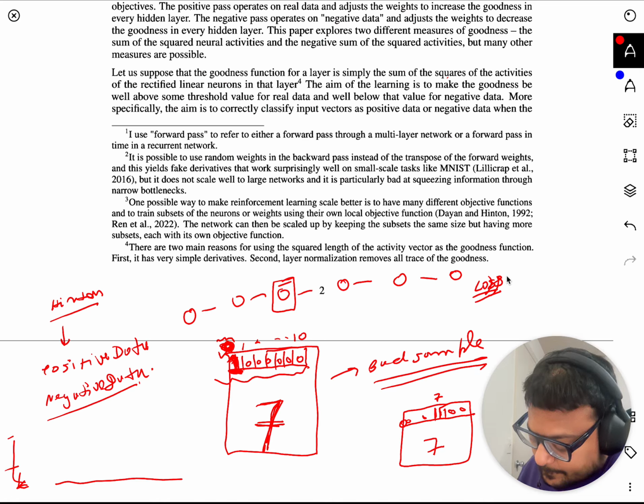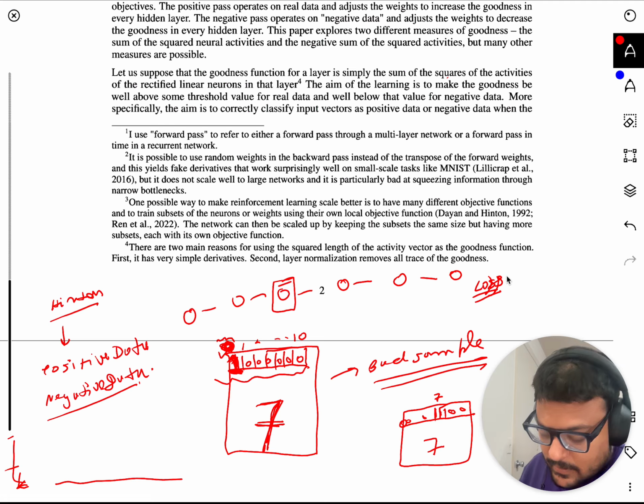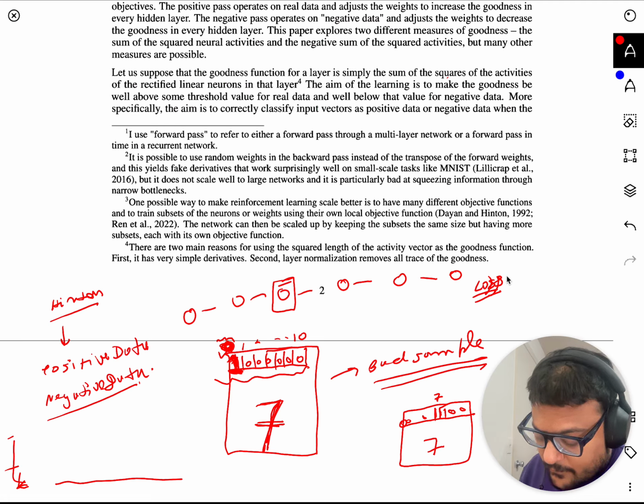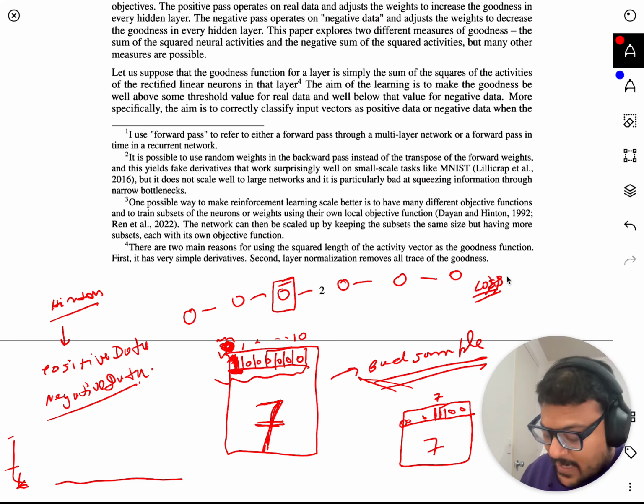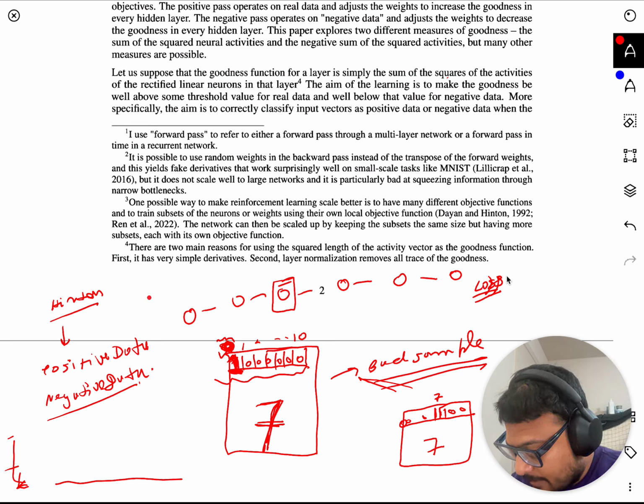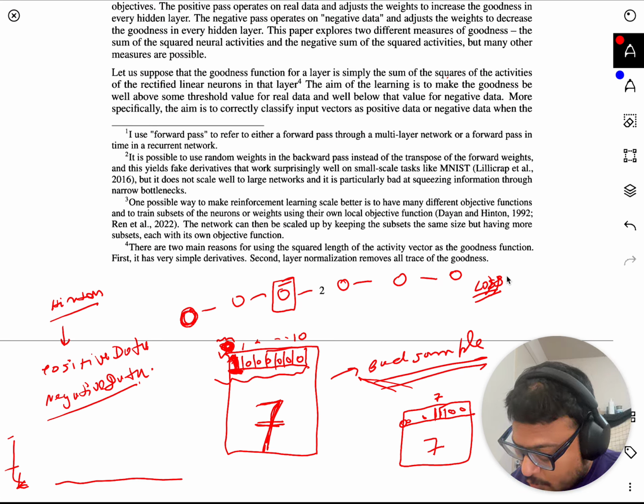Now that we have established what a good sample and a bad sample are, we will talk about how you actually optimize this. You can imagine that you have this type of neural network, and you will have these two images.